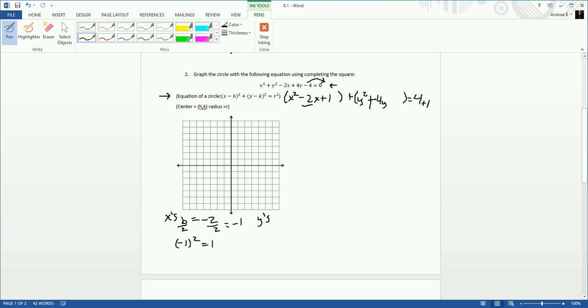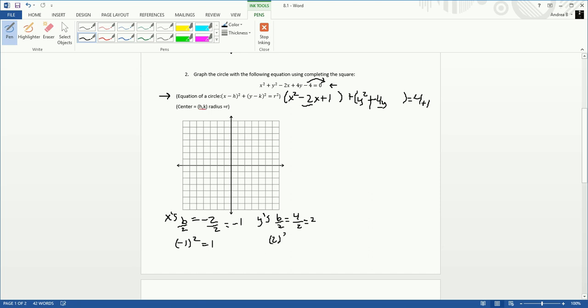So for the y's, for doing that b over 2, here we'd have 4 over 2, since the value in front of y there is a 4. So we get 2 whenever we do the 4 divided by 2. And then we want to do the 2 squared.